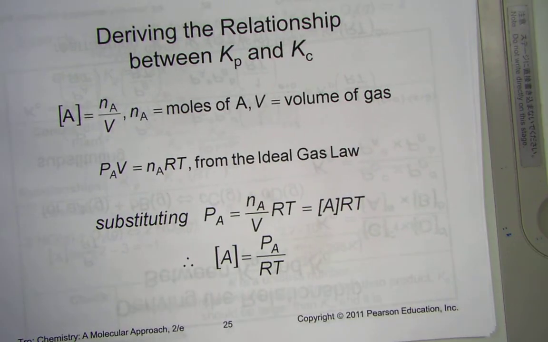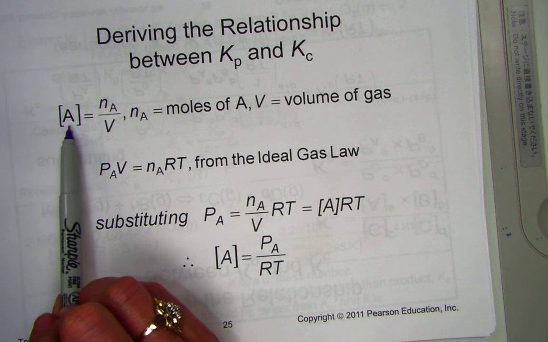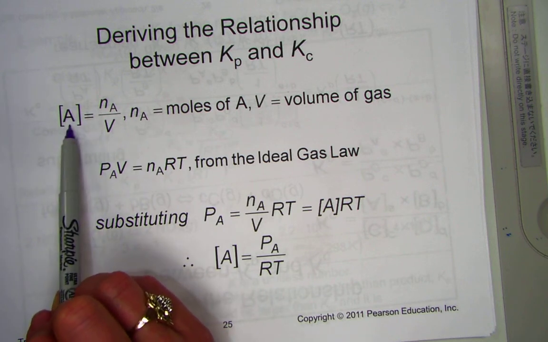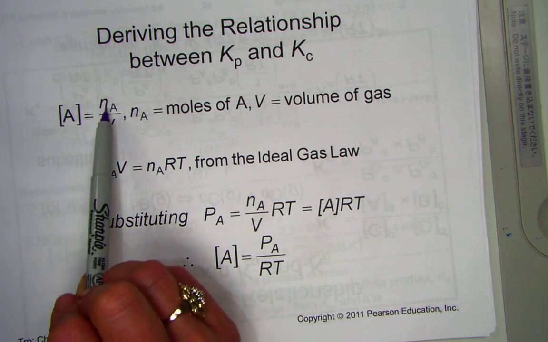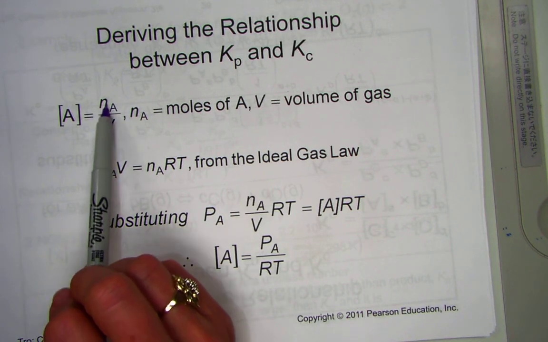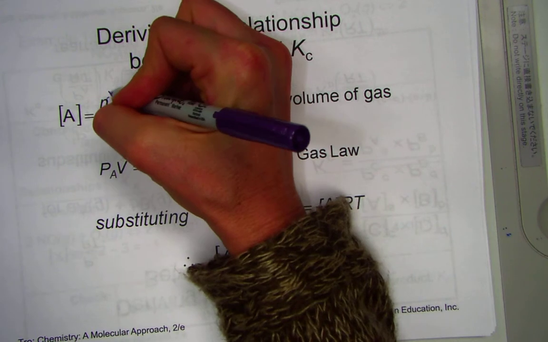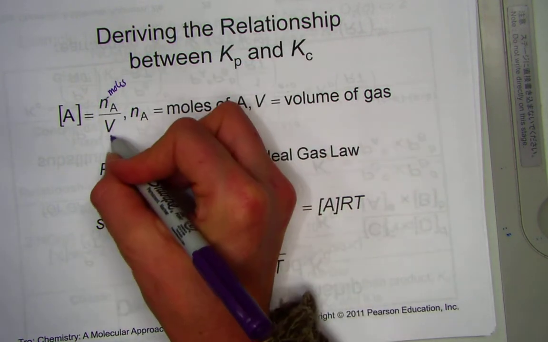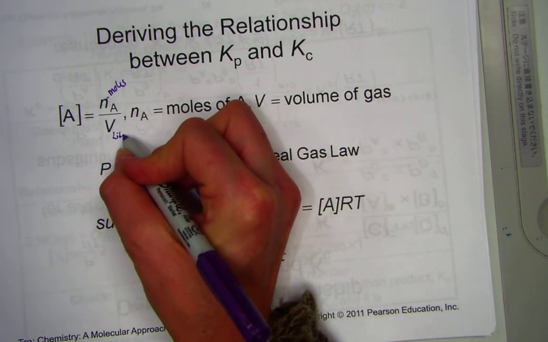So let's peek behind this with an example. Deriving that very relationship, let's suppose we have a molarity, a concentration, with respect to A. Molarity is defined as moles per liter. So n represents the number of moles, and V represents volume in liters.